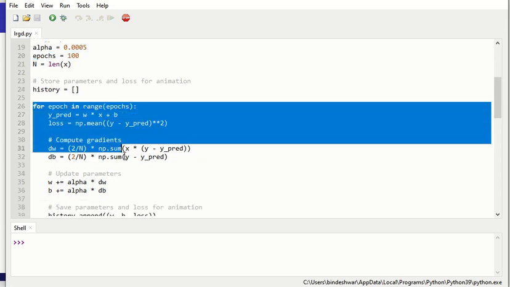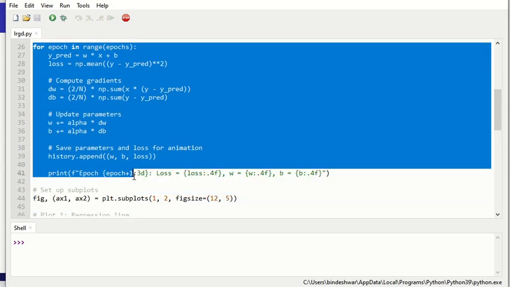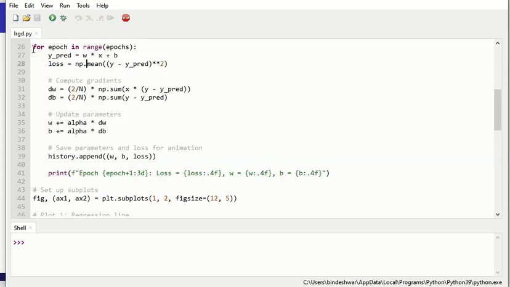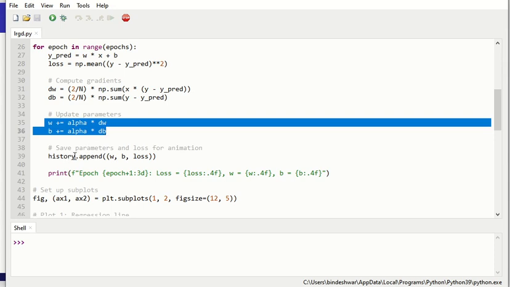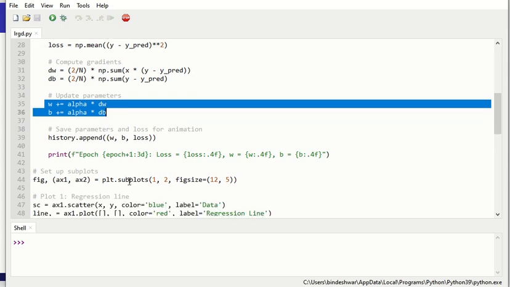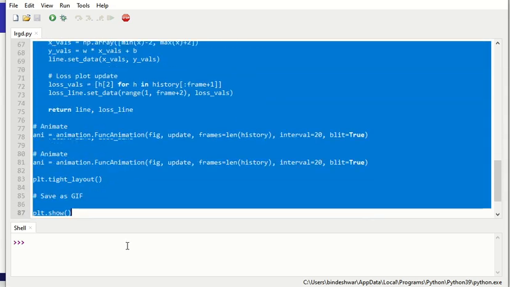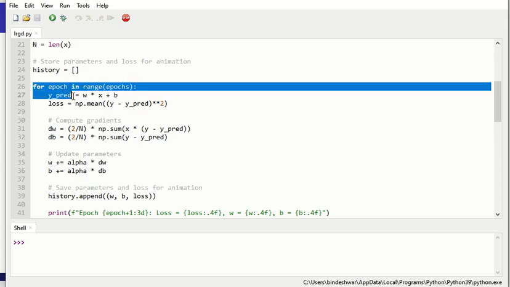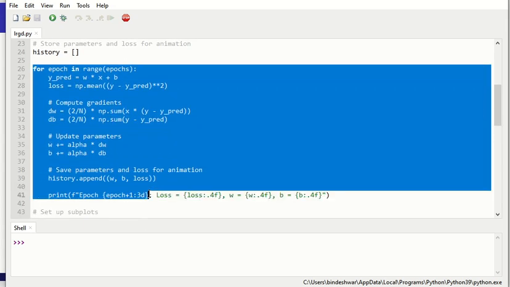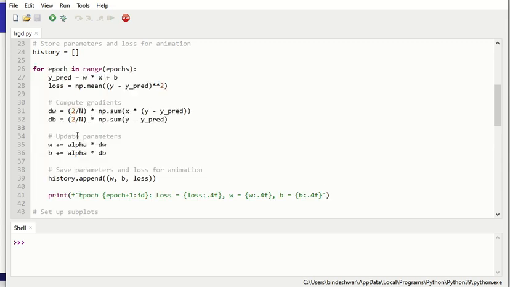Thereafter here is the training loop, that is the most important here. You should understand, this is the training loop. So y prediction, loss will be measured, thereafter gradients will be computed, thereafter update, and that would be appended here. Otherwise these are for plots. This is the most important part of this code, the training loop here. Now let us run and see the result.